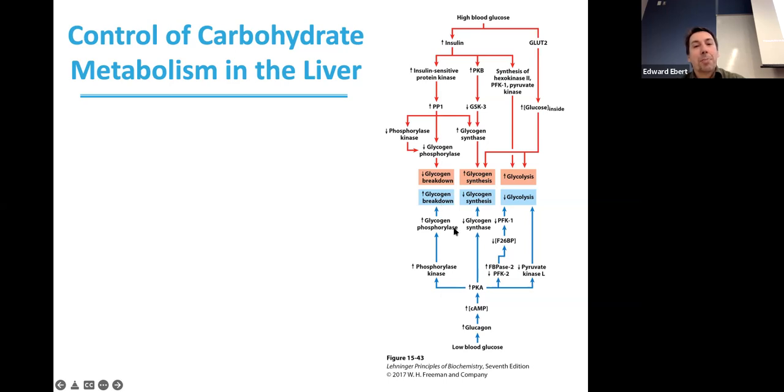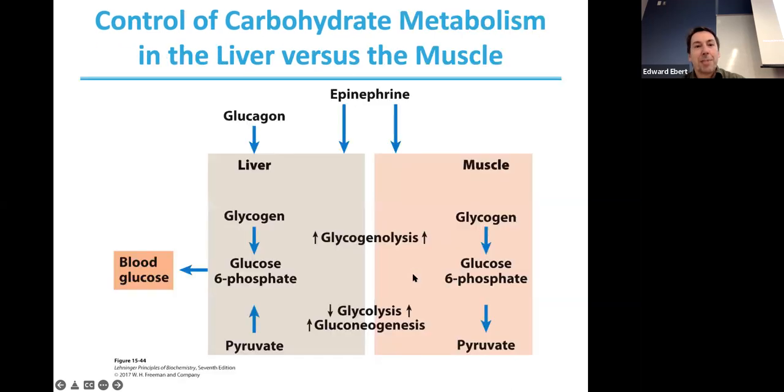So depending on our fed state or starved state, we avoid a futile cycle this way. That's what we're doing here.